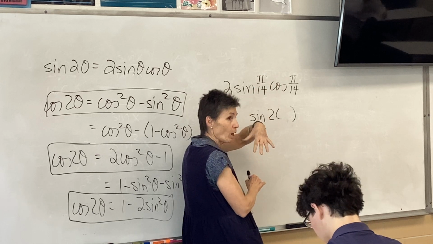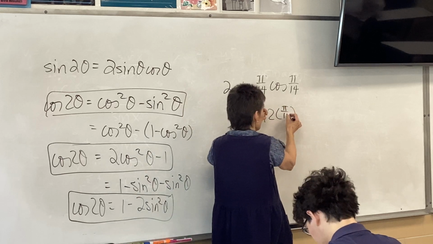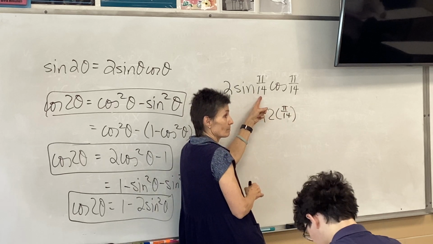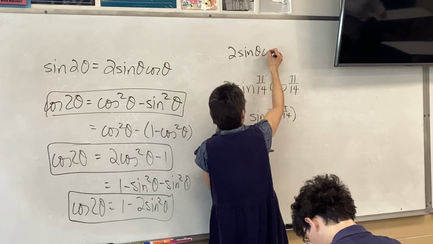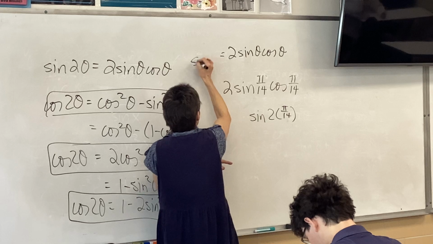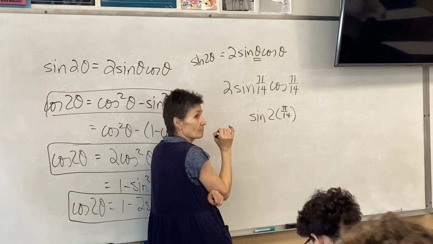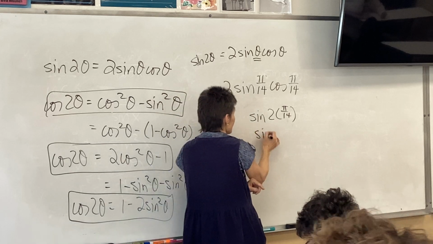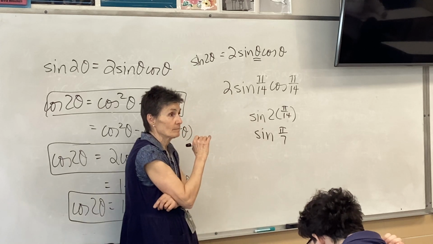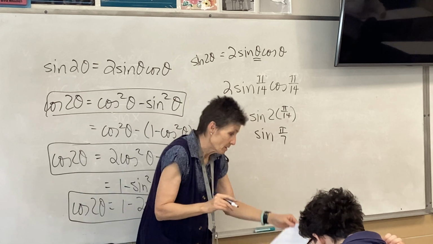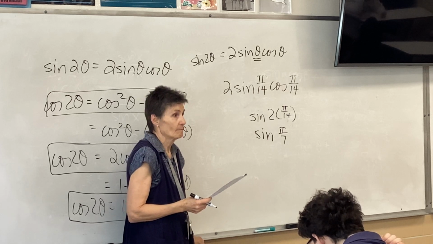But in our problem, the angle is pi over 14. The formula said 2 sine cosine is the sine of 2 theta, so your theta is pi over 14. So this is the sine of pi over 7. And that's the answer to the question. So one of those should say sine pi over 7. C.